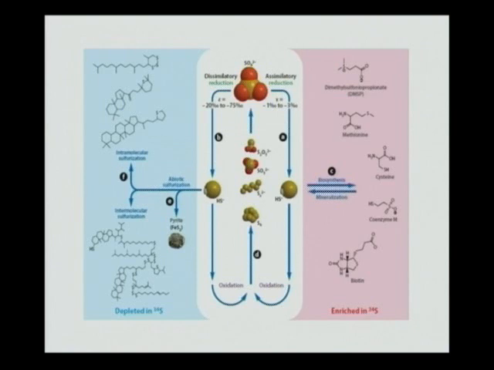This is a newer scheme. Alon Amrani put together this nice scheme of the first stages of the processes at low temperature, which are bacterially driven, of reduction of sulfur.